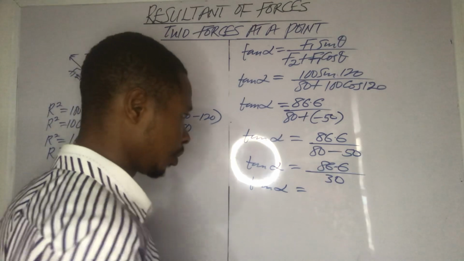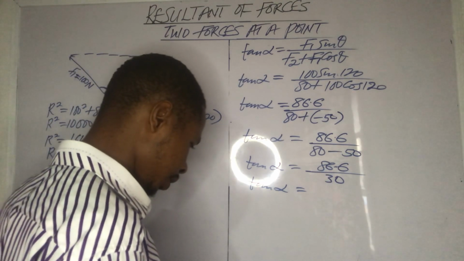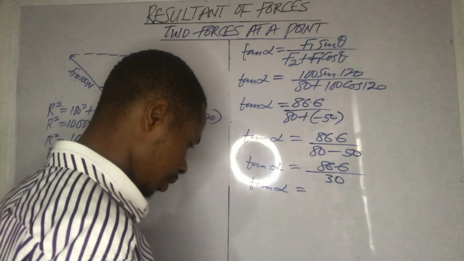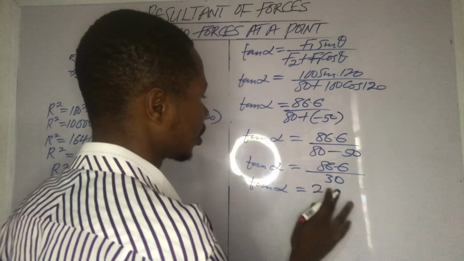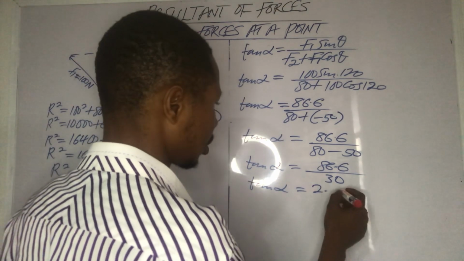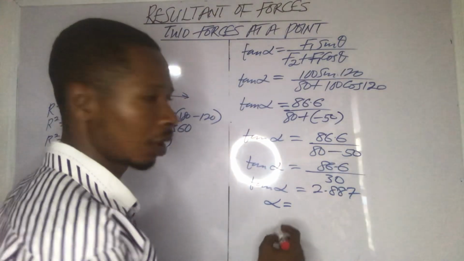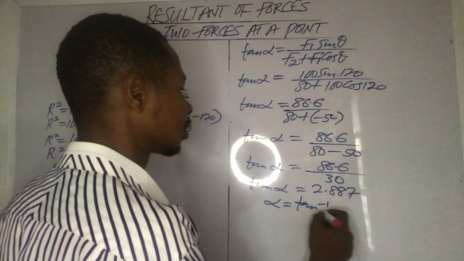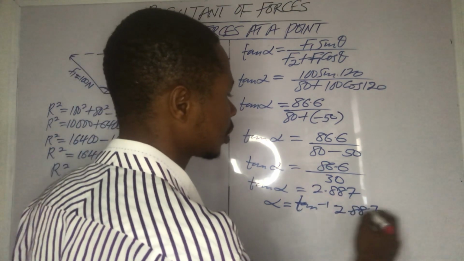Then tan alpha will be equal to 86.6 divided by 30. That will give me 2.887. My alpha itself will now be equal to tan inverse of 2.887.